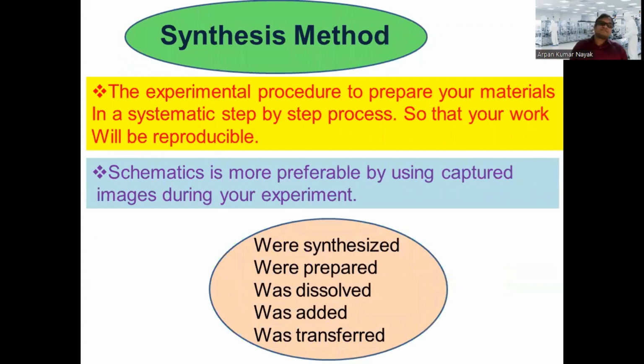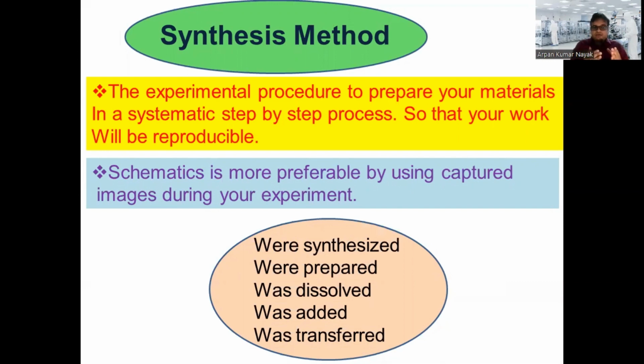Next, the synthesis method. Synthesis method means how you prepared your material, whichever research you did, the complete method. As I told you, in the abstract you write only one sentence about the method you used.